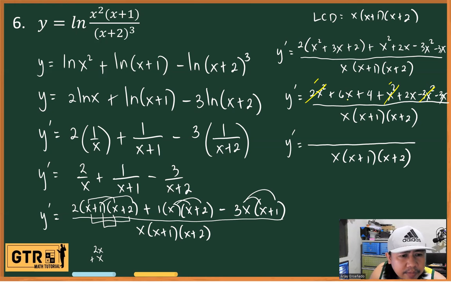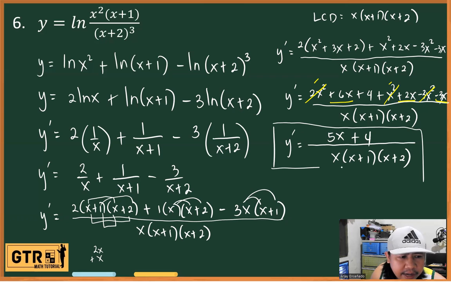And then we have positive 6x, positive 2x, that is equal to 8x, and then minus 3x, so that is equal to 5x. So therefore, the numerator is 5x, plus the constant term is only 4, so 5x plus 4 over x times x plus 1 times x plus 2. So this is the final answer.